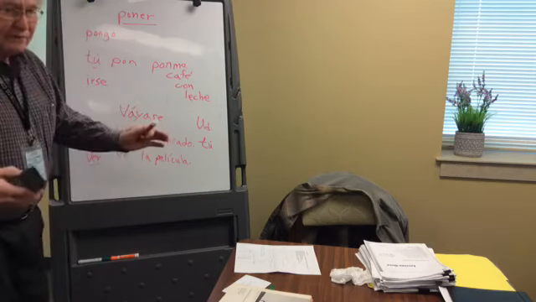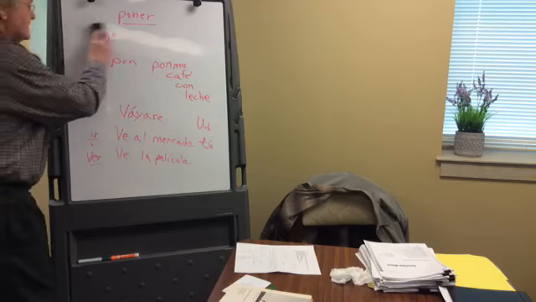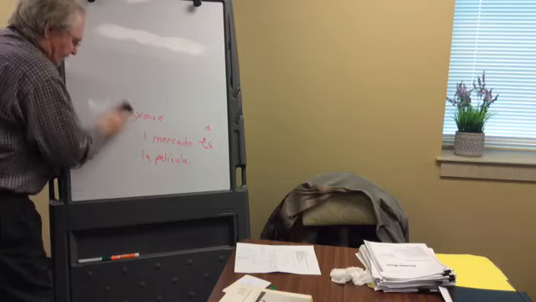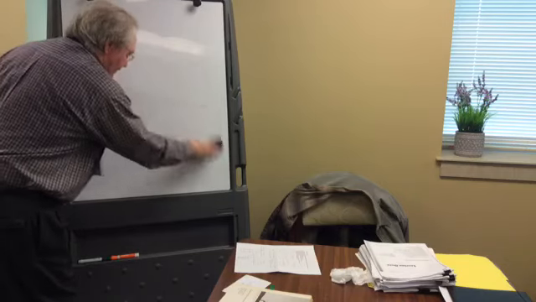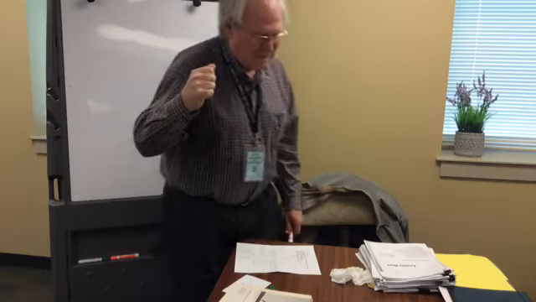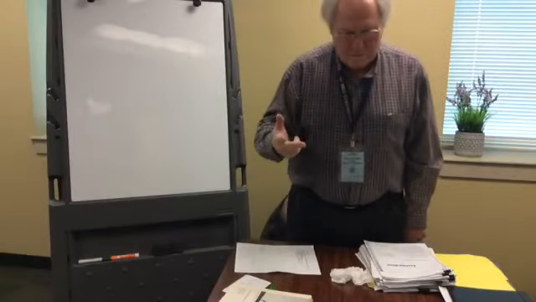Well, this is your starter, okay? I will construct a grid for you that will have the three variables. What are they? Positive or negative, formal or familiar, singular or plural.